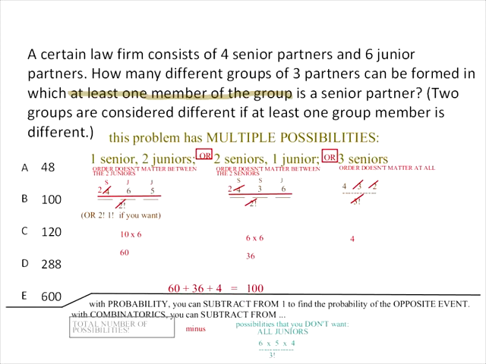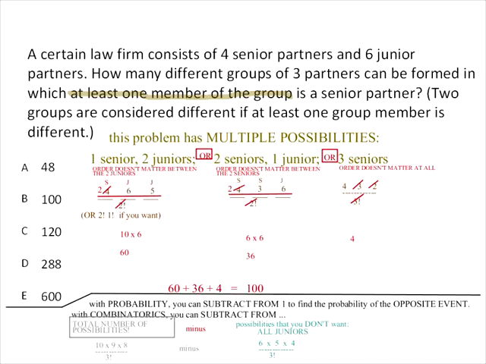Right, because this is the same thing as with probability, where the probability of everything is just 1. But in combinatorics, it's everything minus the ones you don't want. So everything is 10, 9, 8, and then it's still interchangeable, so you still have to divide by 3 factorial. And minus that.